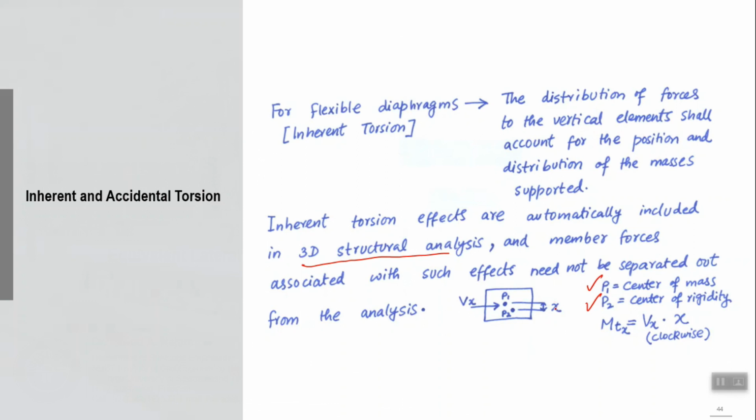So let's say it's small x. So Mtx, which is the inherent torsional moment, will be automatically included in the analysis, which will simply be Vx times small x. Small x is the eccentricity. And after the analysis, by the way, you can check for all the diaphragms what the eccentricity is. The program calculates these 2 points and gives you their location, so you can measure the exact eccentricity which is there.